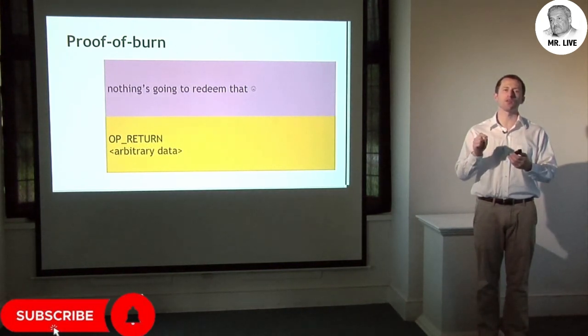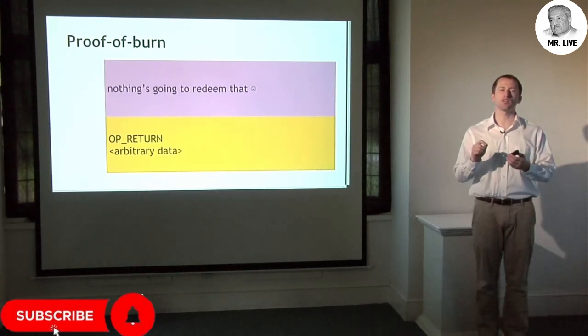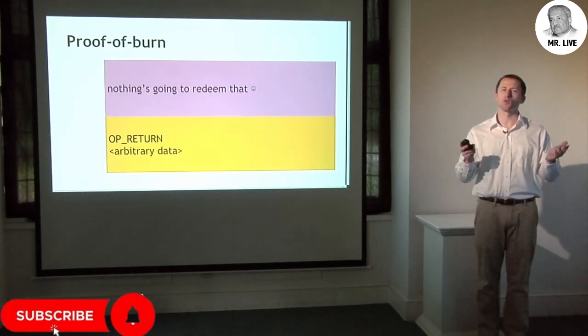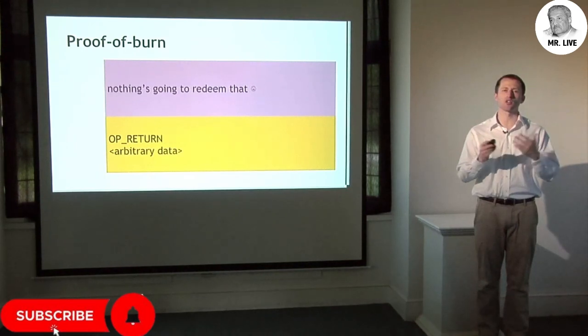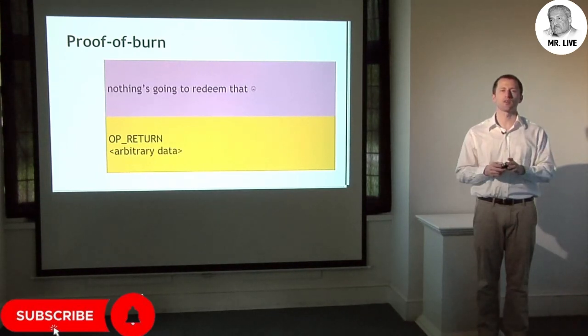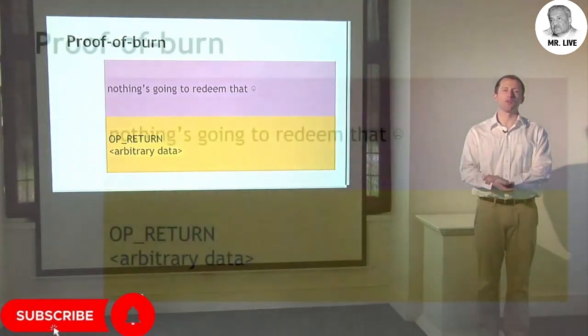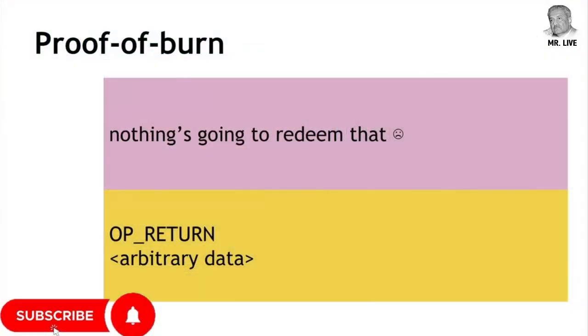So you can destroy a very small amount of currency, and in exchange you can write whatever you want into the blockchain, which should be kept around forever. The other example of proof of burn we'll talk about in a later lecture on alternate currencies, but it can be a way to bootstrap an alternative to Bitcoin by forcing people to destroy Bitcoin in order to gain coins in the new system.